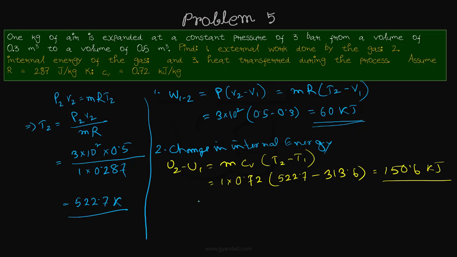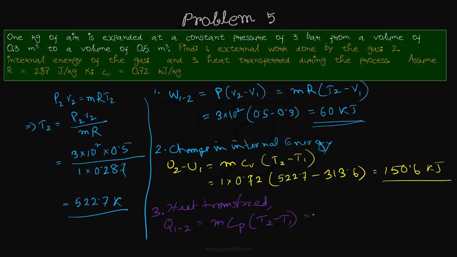Now let's do the third part, which is the heat transferred during the process, that is Q12. Remember, this is a constant pressure process. So for a constant pressure process, the heat transfer is equal to mCp times T2 minus T1.